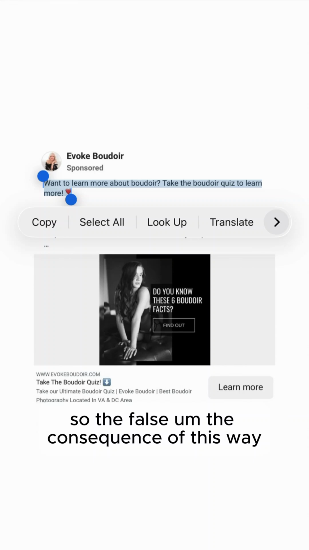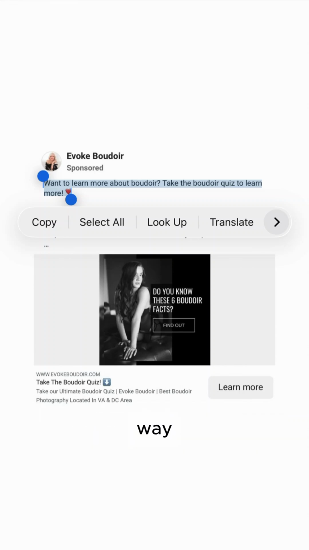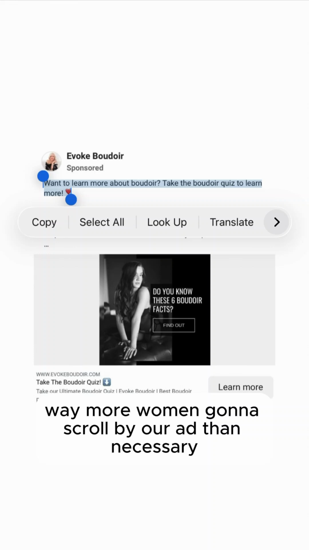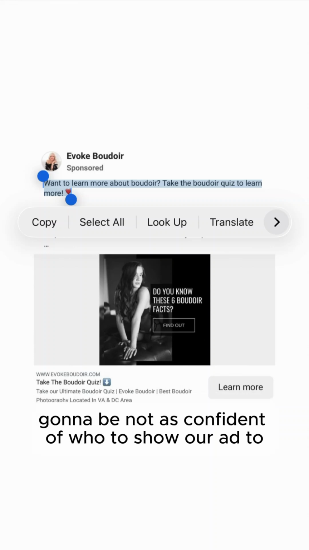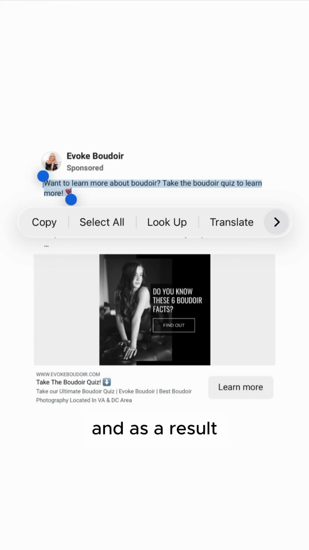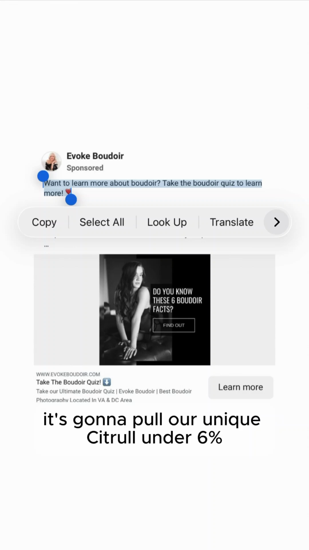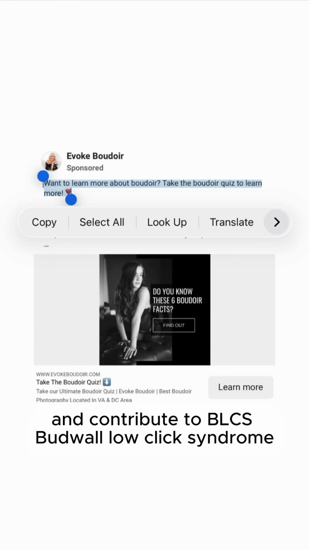So the consequence of this, way more women going to scroll by our ad than necessary. Facebook's ad algorithms are also going to be not as confident of who to show our ad to. And as a result, it's going to pull our unique CTR under 6% and contribute to BLCS, Boudoir low click syndrome.